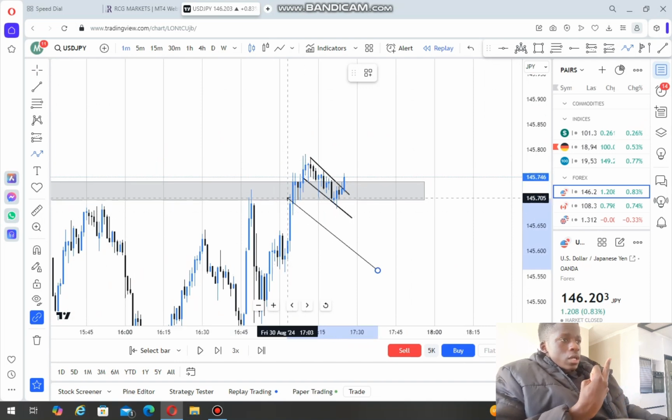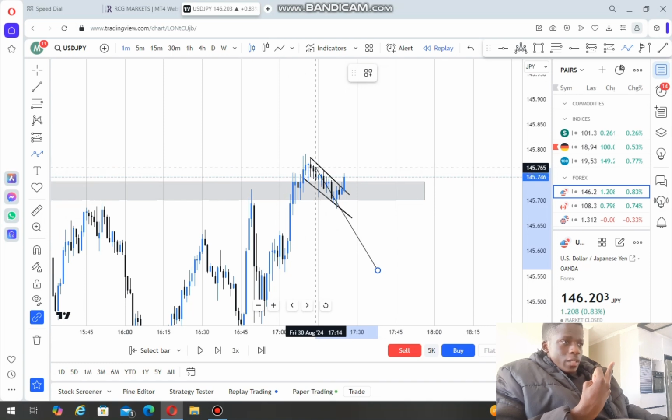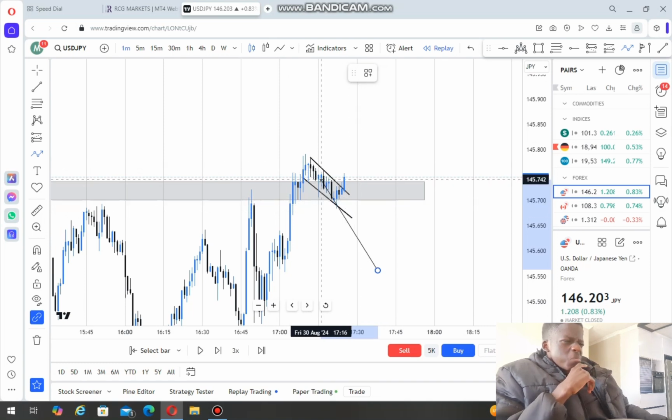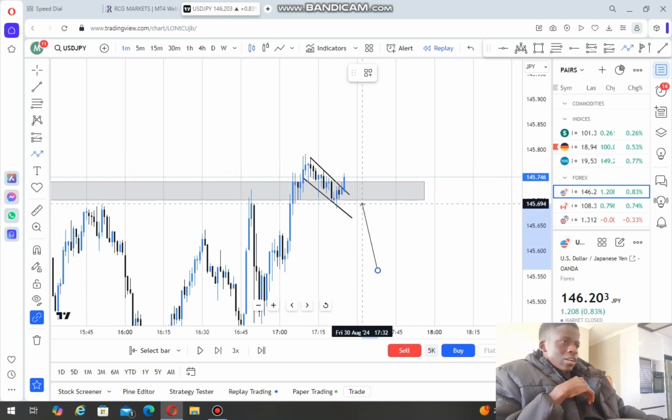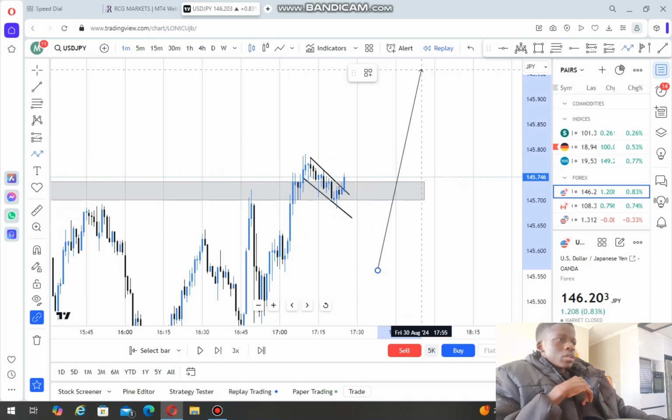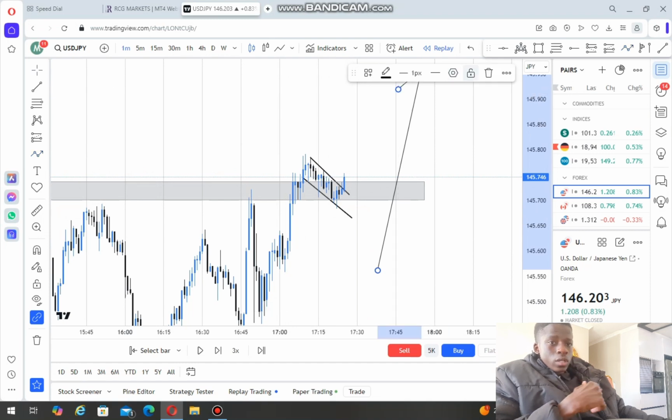We even retested, and then we created another bullish flag, basically. We broke out of that flag and closed above, right? So we can expect price to do what? To continue to the upside, especially because we saw that the dollar overall is bullish.